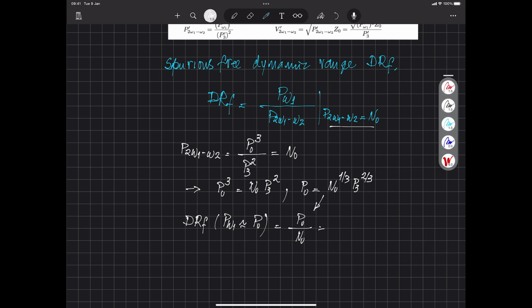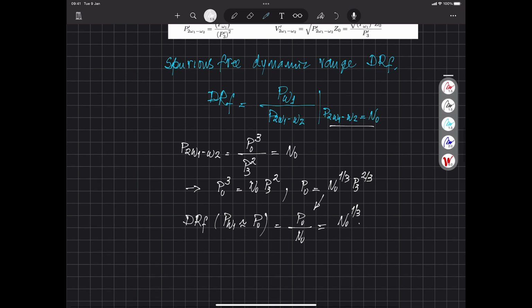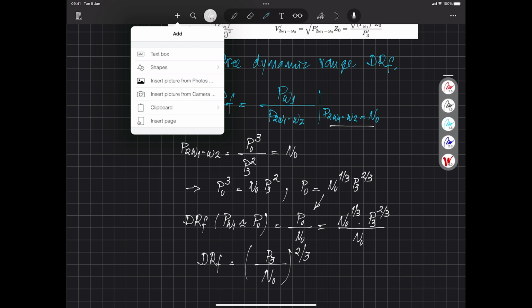Using the result we obtained previously and substituting in this equation, we get N naught to the power of 1/3 times P3 to the 2/3 divided by the noise level, from which you obtain that the dynamic range equals P3 over N naught to the power of 2/3, which was the result we were looking for.